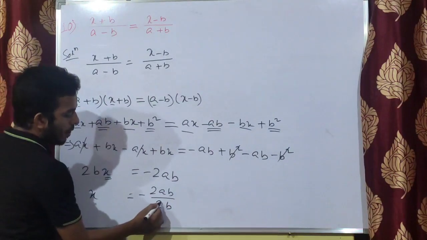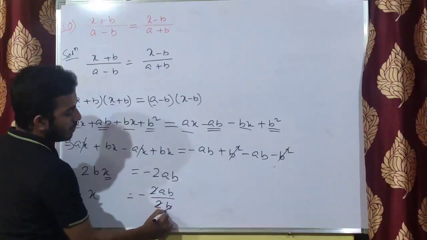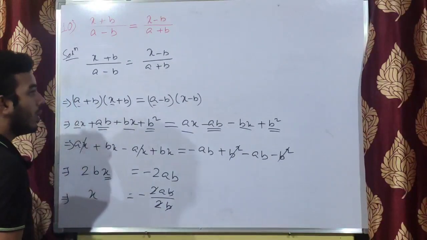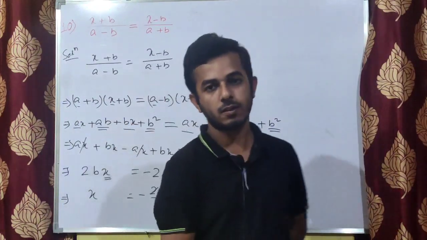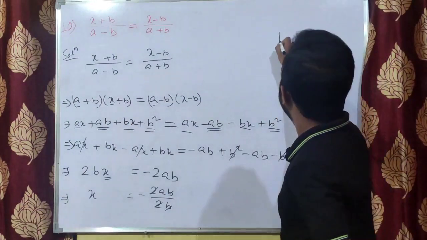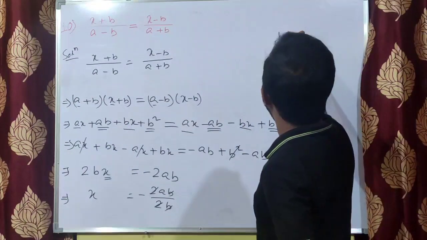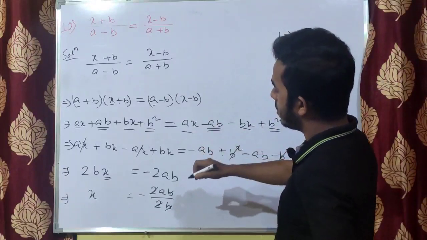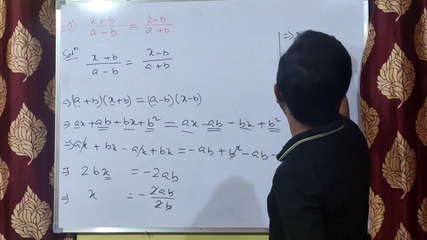So here 2 cancels, b cancels, so what is left: x equal to minus a, right.